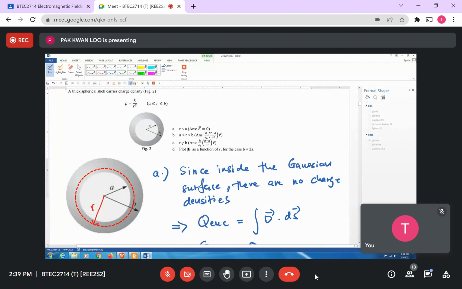So what about R greater than B? R greater than B means enclosing the entire sphere.